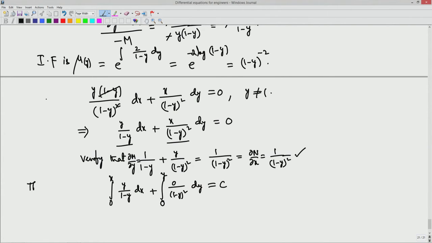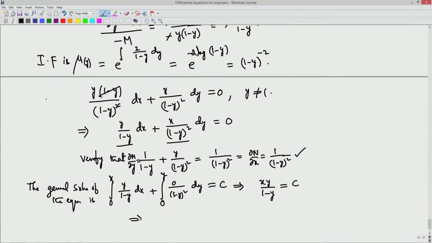So, the general solution of the equation is this. So, what is this exactly? This becomes y by 1 minus y as a constant, so x y by 1 minus y plus 0, and this is equal to c.